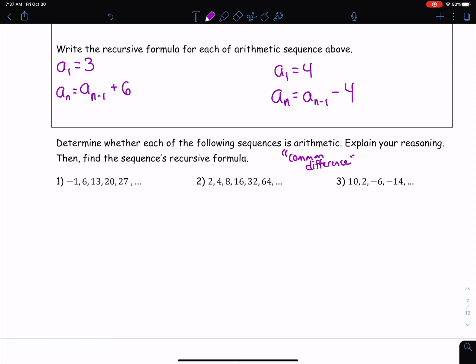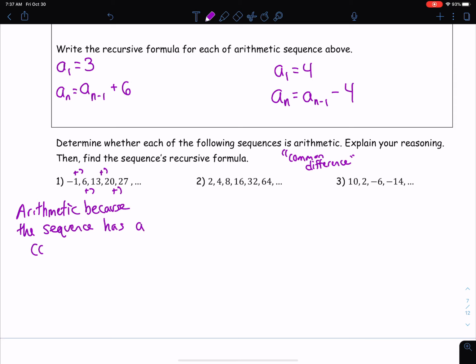So looking at number 1. Is this arithmetic? Let's see. Does it have a common difference? We add 7, add 7, add 7, add 7. Yeah, that is arithmetic. So it is arithmetic. And why is it arithmetic? Well, it's because the sequence has a... And what's the big words there?